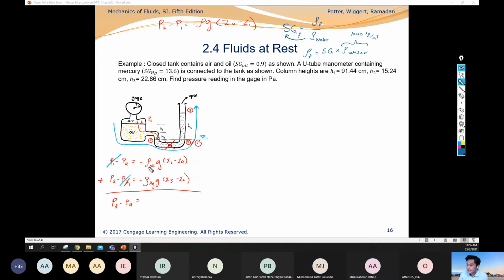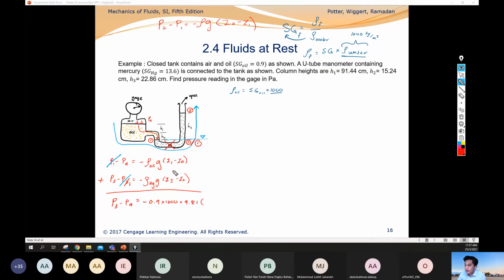So the density of oil is the specific gravity of oil multiplied by 1000, because this is the density of water. The specific gravity of oil is 0.9. So negative 0.9 multiply with 1000 multiply with 9.81.